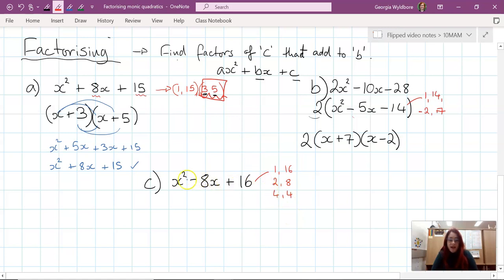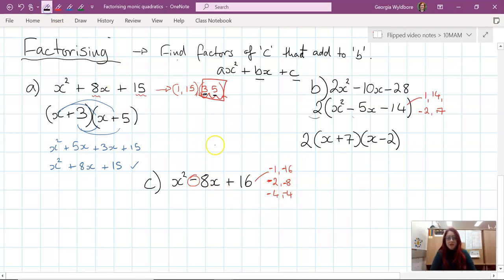Now, they have to add to a negative number, because we've got a negative here, which means, to multiply to a positive, we need them both to be the same sign. So they're both going to be negative. So we're going to have negative 1, negative 16, negative 2, negative 8, negative 4, negative 4.